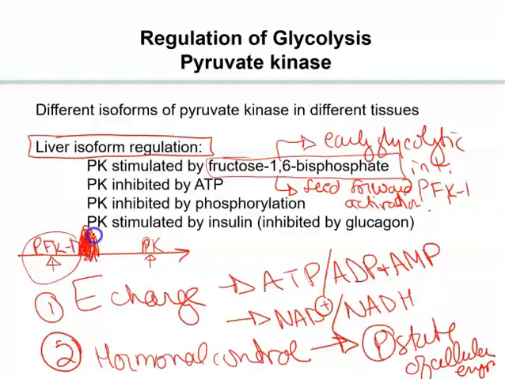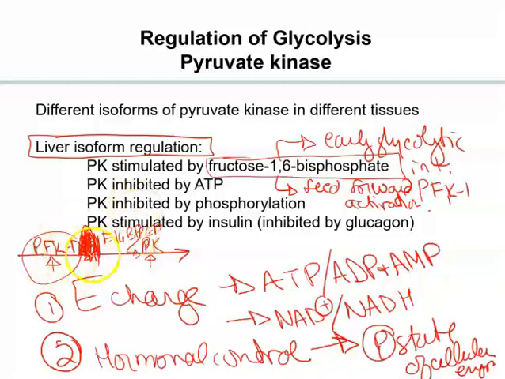This is a ton of fructose 1,6-bisphosphate. Now, this amount of fructose 1,6-bisphosphate is going to have to be eventually processed by pyruvate kinase once it has been through all of the other glycolytic enzymes. And it's going to be in the form of phosphoenolpyruvate by the time it gets to pyruvate kinase.